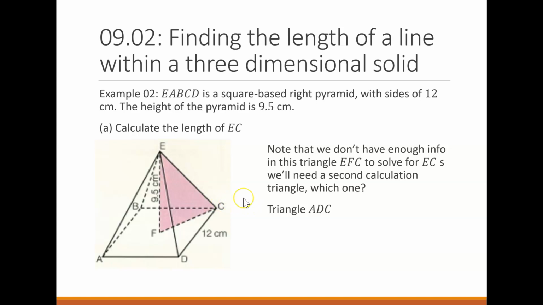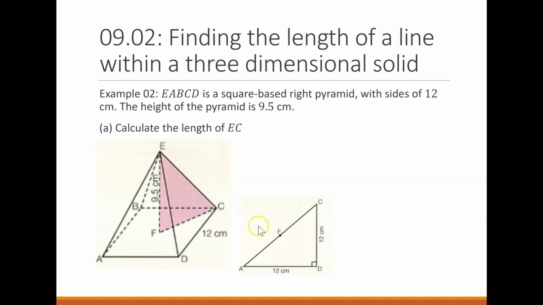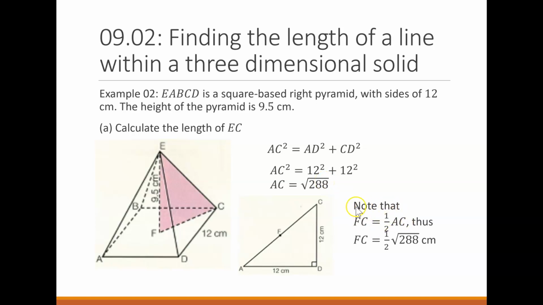So I'm going to use triangle ADC. So there they are. Notice I labeled F as like a midpoint there on it. So to find AC, I do the Pythagorean theorem and get the square root of 288. And I know that FC is half of AC, so I have 1/2 the square root of 288 for FC.